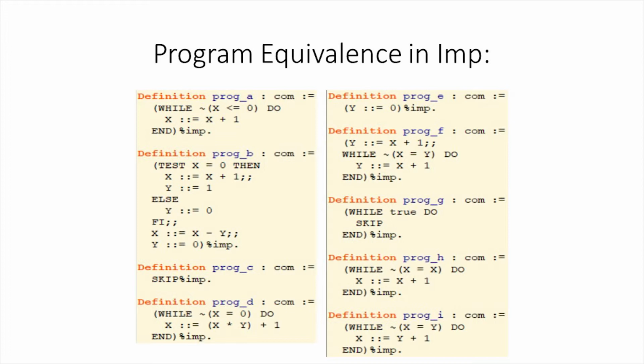In program G, we have simply while true. So this is literal true. This program isn't taking that step of creating an actual command that's equivalent to true, but rather stating just true explicitly, do skip. And we can see that that's equivalent to what we have in the while section of program F, because x is never going to be equal to y, so it's always going to loop there. And then program I does not have any equivalent program to it.